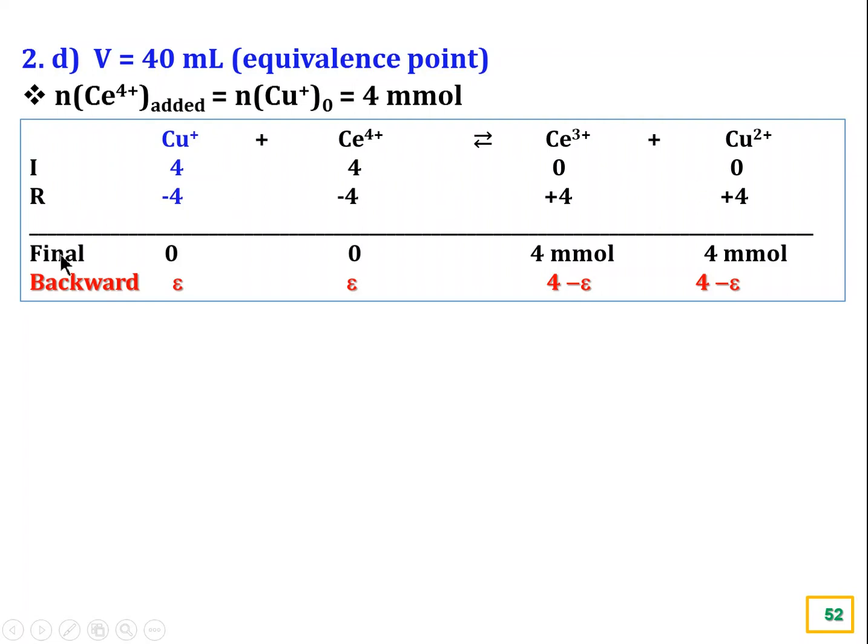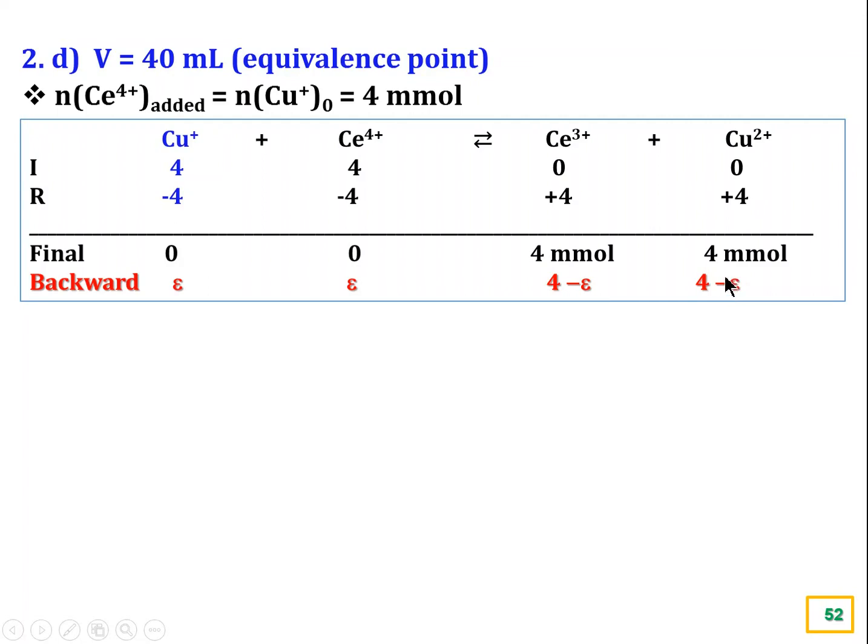The reaction proceeds till T equal infinity. So Cu+ and Ce4+ will react completely. So we have practically 0 and 0, and formation of 4 millimoles of Ce3+ and 4 millimoles of Cu2+.